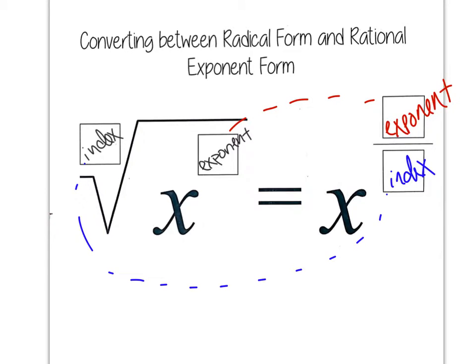That is pretty much the gist of what we need to know when we're converting. And the same thing when we go back: say we're already in exponential form, our index goes out to where the index is, and the exponent stays the exponent. So let's go ahead and look at some examples of how this could work.